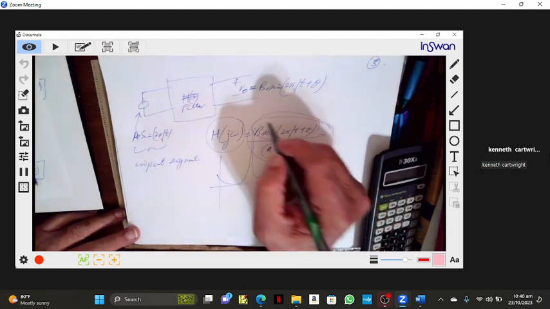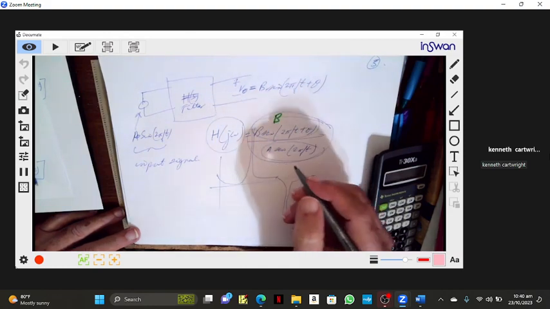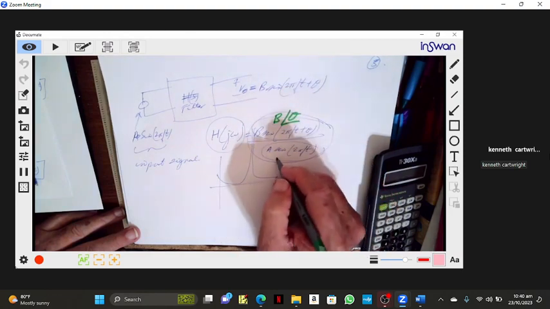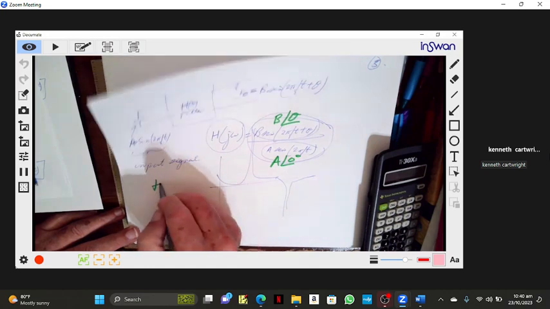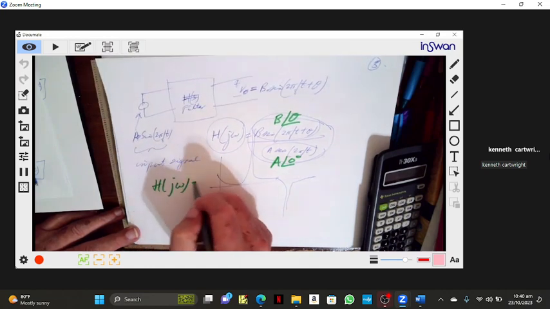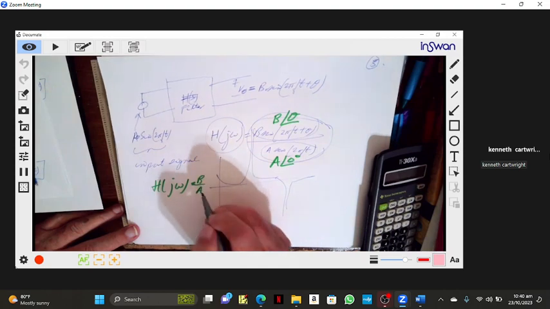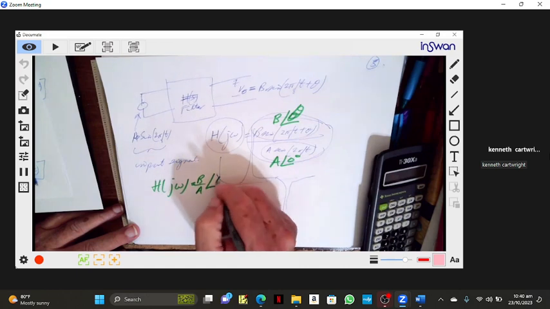You convert this to polar form. You convert this to a phasor, B at angle theta. You convert the bottom to 0 degrees. And so H at that frequency is B over A, angle theta.